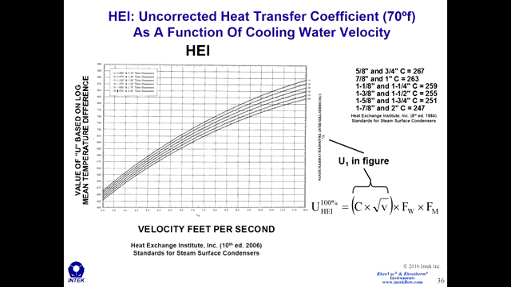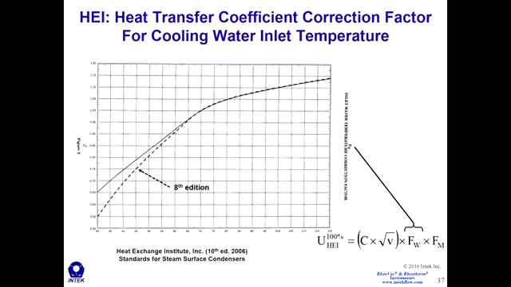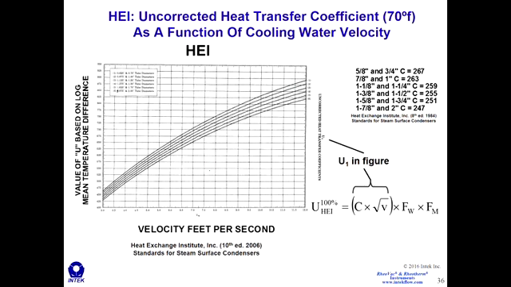Now this U gets modified via inlet temperature and tube material, but this gives you a starting U value as a function of velocity and the tube ID or tube OD. And so you would find your design flow rate or your operating flow rate and grab this U to start off to identify this parameter here.